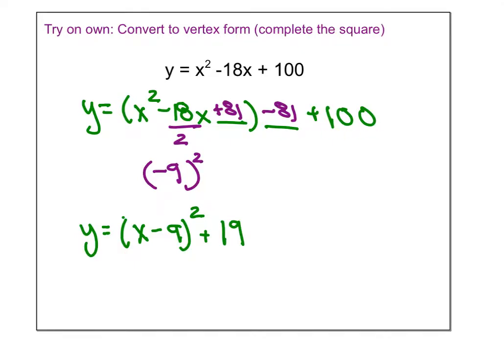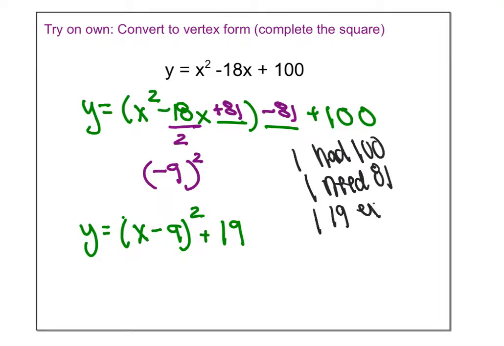Negative 81 plus 100 is a positive 19. So if I think about this, I had 100 squares, but I only needed 81 to complete my square. So this tells me I had 19 too many, or 19 extra. Because if I only needed 81 and I had 100, I had 19 too much.